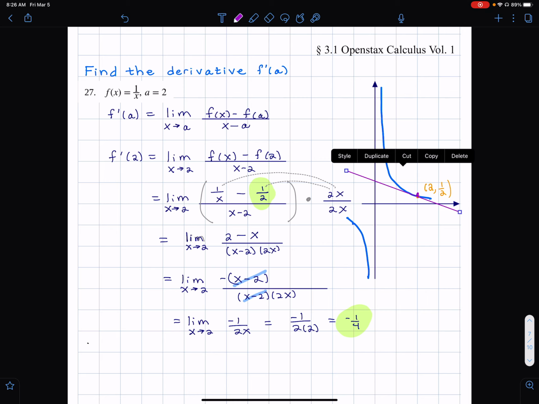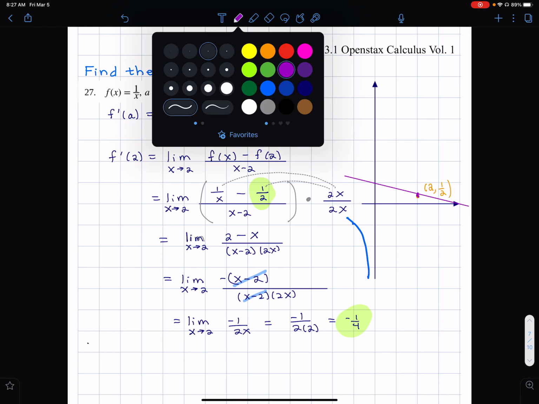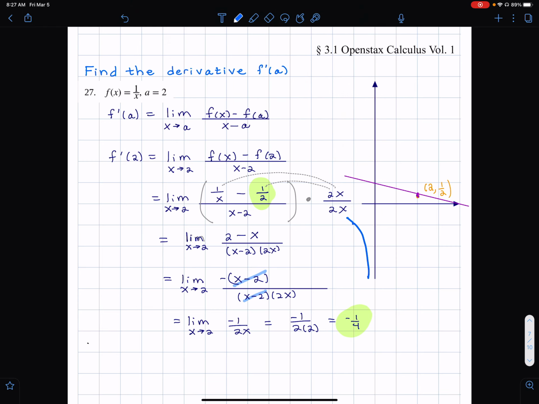So, it makes sense, but it doesn't the way I drew this. It should look more like that. And in fact, my tangent line is correct, but my drawing was a little bit imprecise. So something more like that. Okay, no, that's not going to do it.